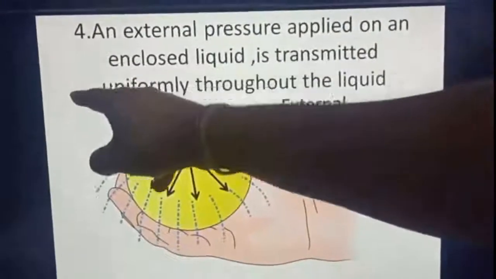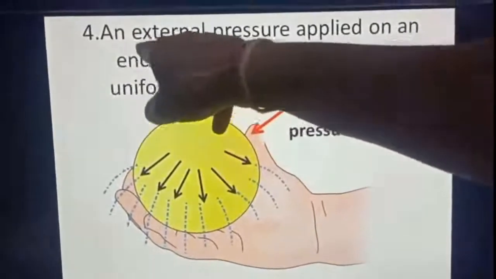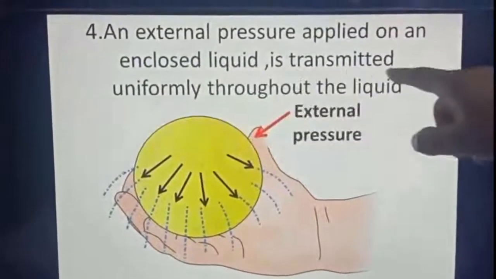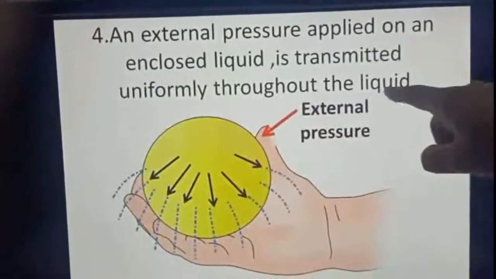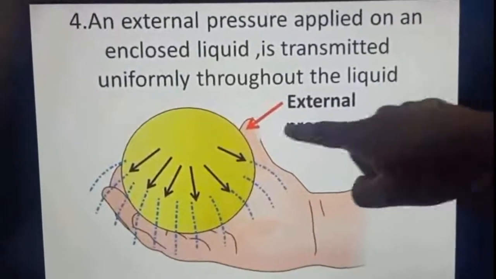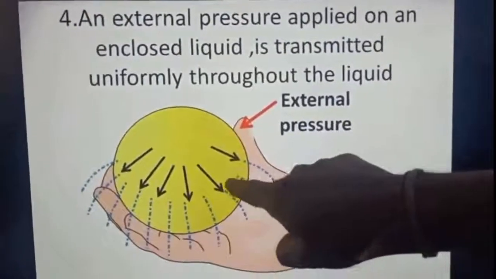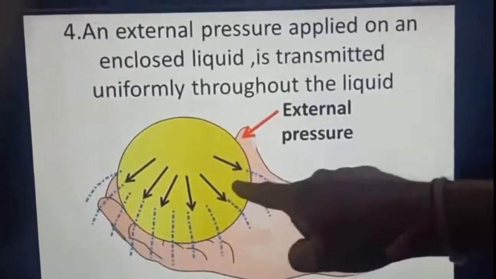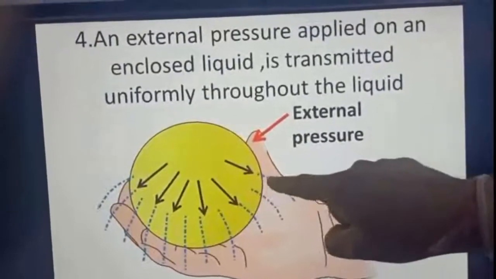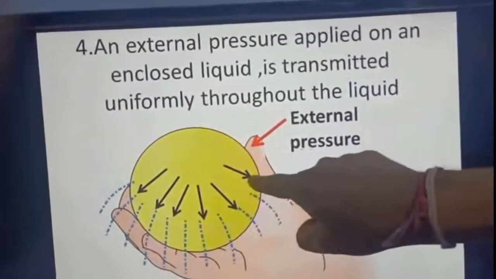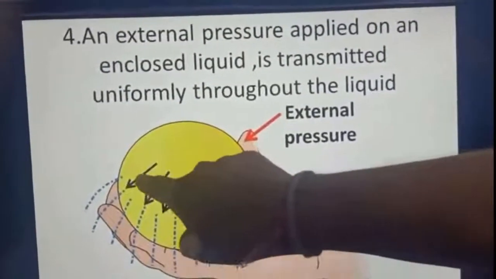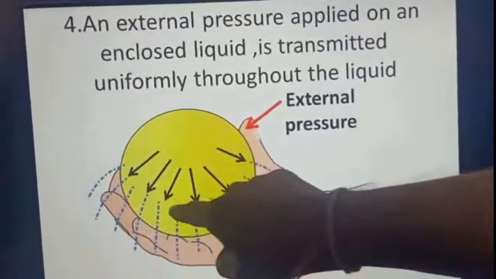The last point. An external pressure applied on an enclosed liquid is transmitted uniformly throughout the liquid. It is explained by the example shown in the diagram. A balloon is filled with water. We make holes at different points of the balloon with the same pin of the same size.